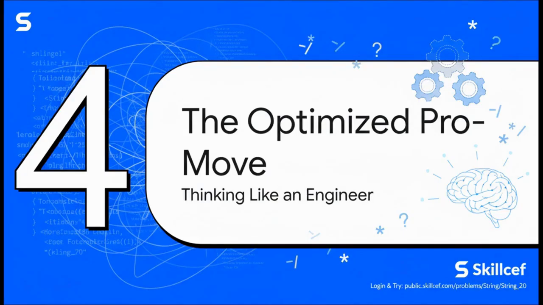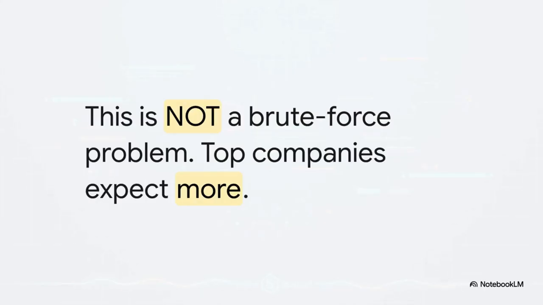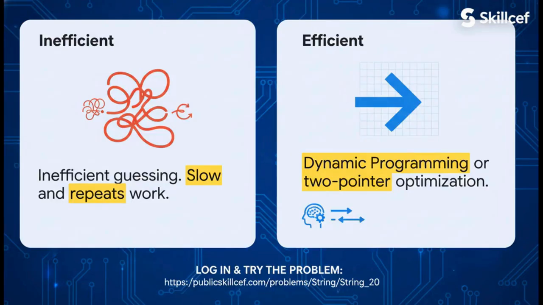So, if brute force is a total no-go, then what's the right way? What's the pro move? Let's shift gears and start thinking like a senior engineer. And this is absolutely key. You have to realize this is not a brute force problem. Your interviewer isn't just trying to see if you can get an answer. They're testing if you can find an efficient one. So instead of just guessing and checking over and over, the pro move is to use a much smarter, more structured approach.